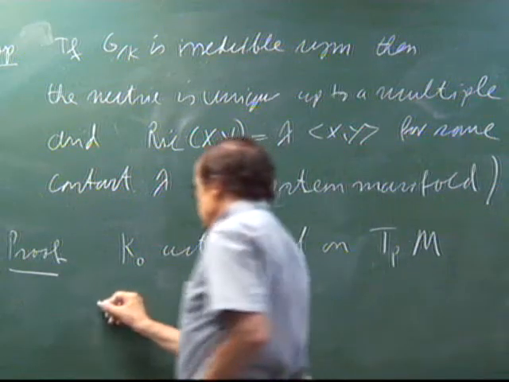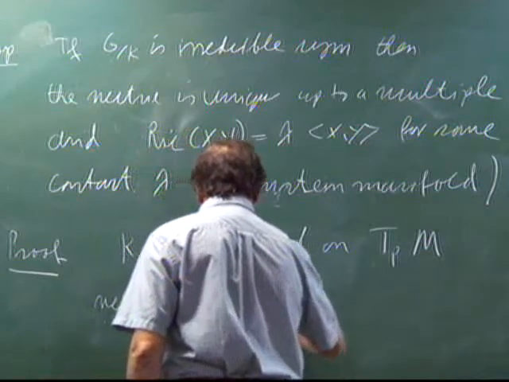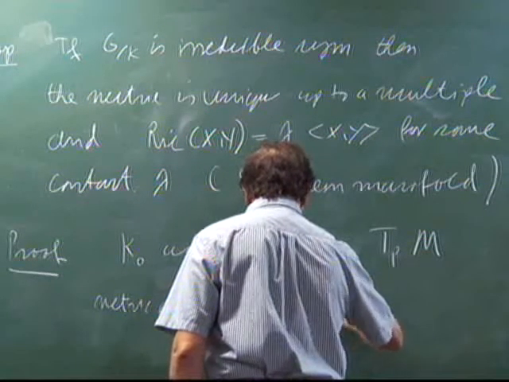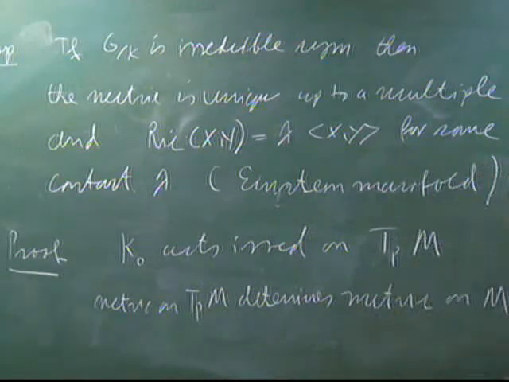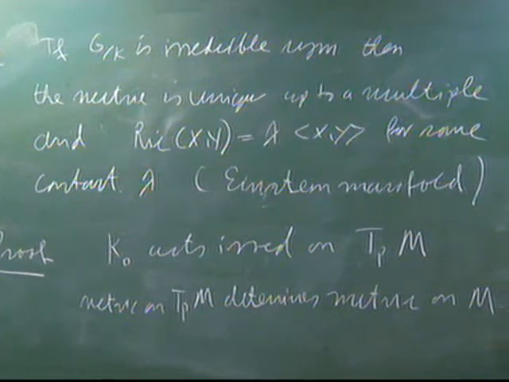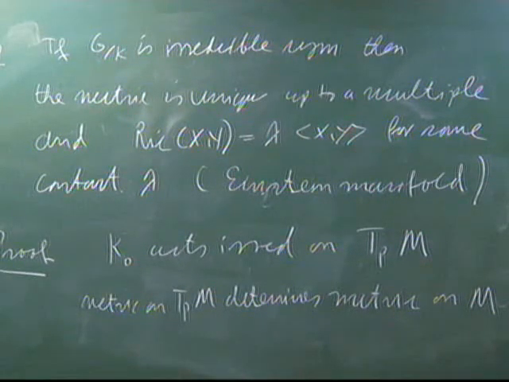Right? Of course, left translations are isometries. So if I know it at one point, I know it everywhere, because the group of isometries acts transitively. So I can concentrate on just what happens at the base point p. And of course, K acts by isometries with respect to the inner product by definition. Right? And K acts irreducibly on the tangent space.